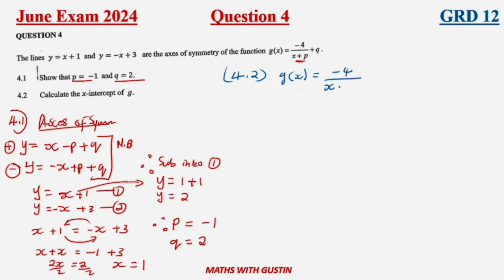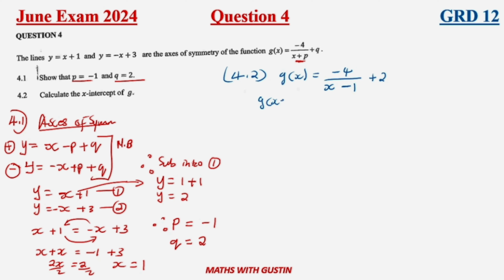In this case, it needs to be negative here so that we can have a positive x. So it's going to be negative 1, and then you substitute the plus 2. Now they are looking for the x-intercept. We get the x-intercept when y is equal to 0.